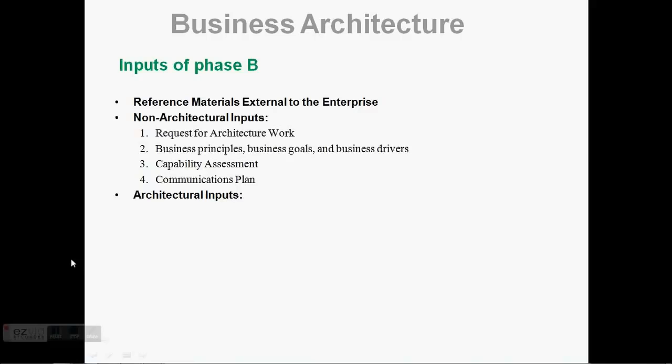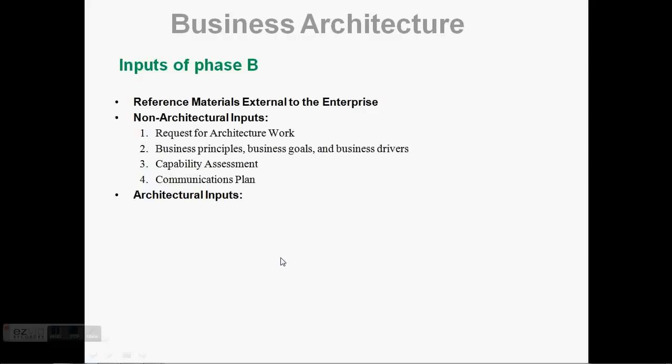And the repository allows projects to manage their deliverables, locate reusable assets, and publish outputs to stakeholders and other interested entities. So it's basically a repository of material that could be employed that is outside the enterprise itself.